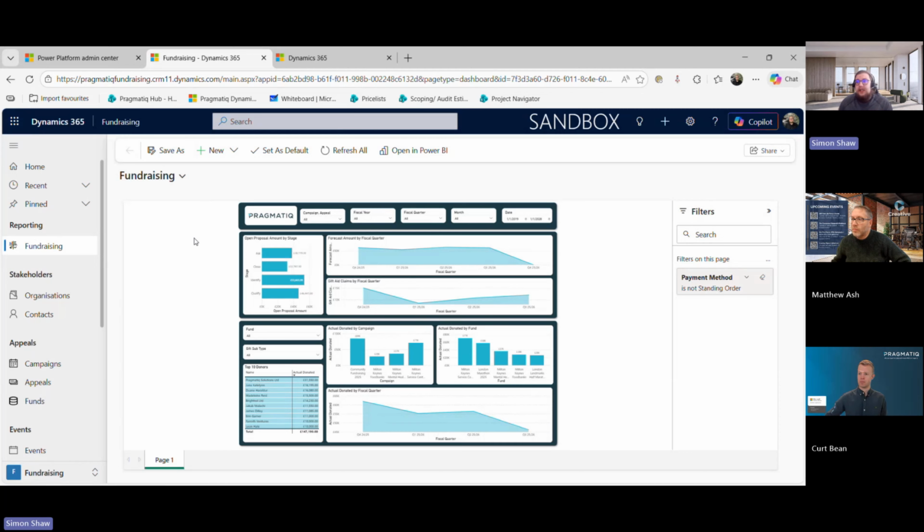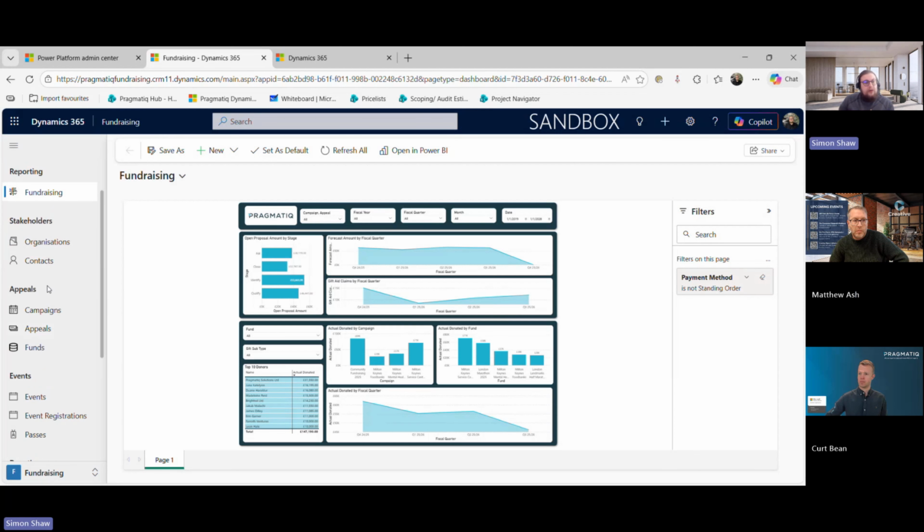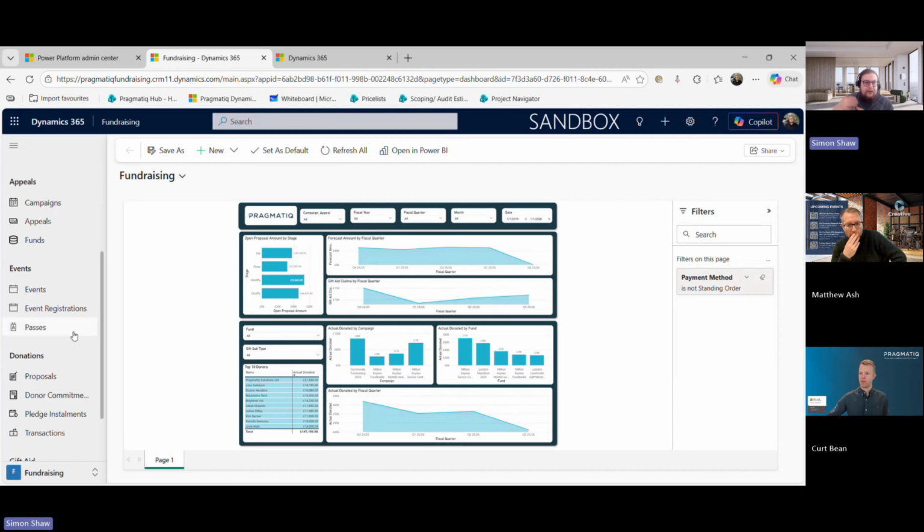Using the fundraising accelerator, charities can manage their entire fundraising operation in a single application, which means capturing fundraising end to end, from the initial campaigns, the appeals linked to those campaigns, to funds, whether restricted funds or open funds, managing the events that go alongside that, and any proposals where we're seeking, say, corporate fundraising activity.